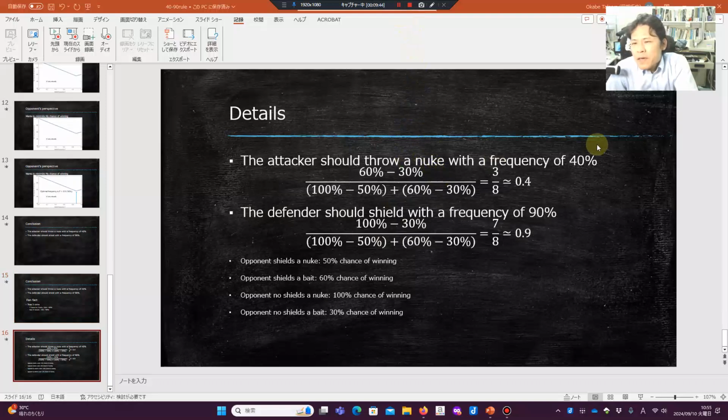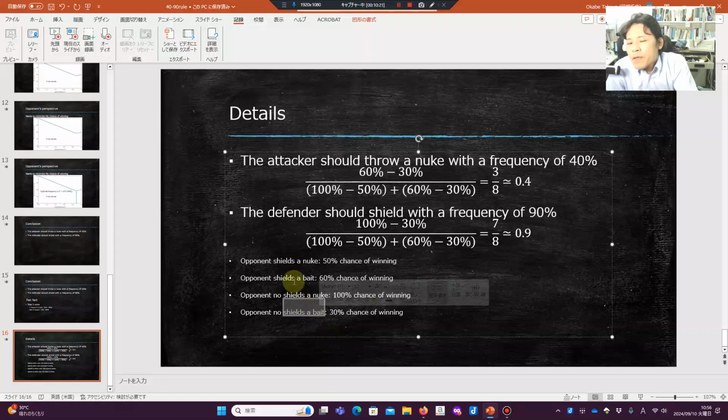You might think that this 40% frequency is too low, because it is often said that advanced players do not tend to bait so often. So this is a breakdown of this number, 40%. First of all, this 40% minus 30%, which appears in the numerator, is the difference of the bait move when shielded and not shielded.